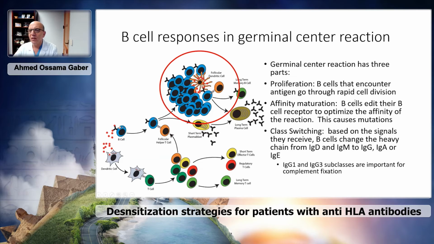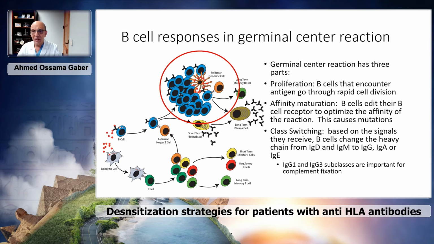Again, the germinal center has three parts: the B cells proliferate, and then there is affinity maturation, which is the important step, because now they make antibodies that are specific to the antigen we see. This is the worst step for our patients, which is class switching, because you can make an antibody to HLA B27 or B73, but after a certain amount of time, these cells continue to be active.